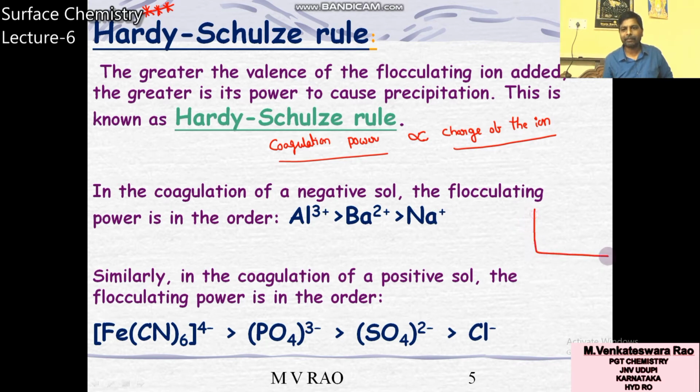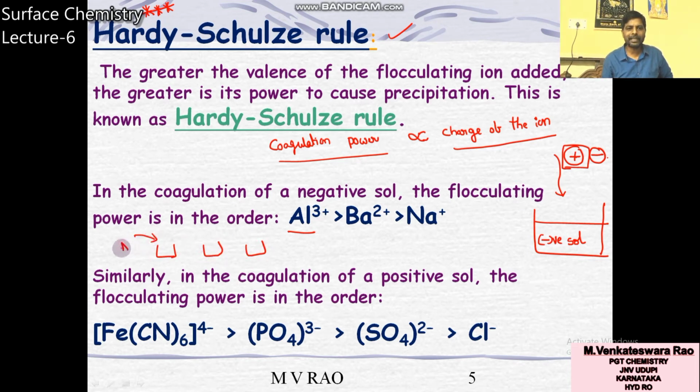I will take one example here. This is a negatively charged sol. If we are adding an electrolyte, which ion is needed? The electrolyte contains two ions, positive and negative, and the coagulation is influenced by the positive ion. Take three examples: in one case AlCl3, second BaCl2, third NaCl.